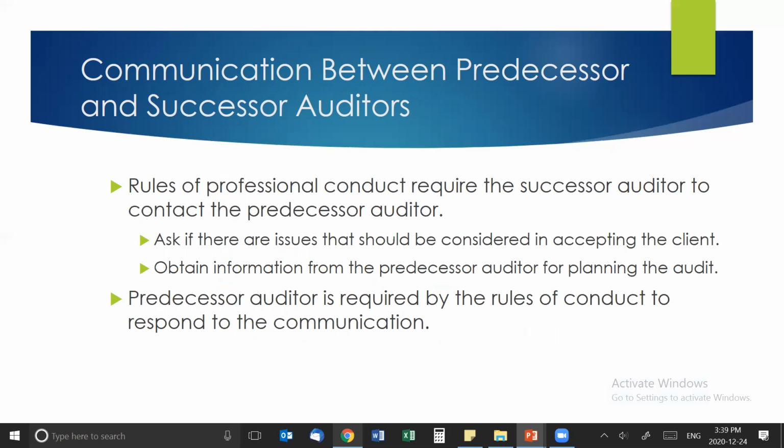The rules of professional conduct require the successor auditor to contact the predecessor auditor, so you have to do this. You have to ask if there are any issues that should be considered in accepting the client. And you can obtain information from the predecessor auditor for planning the audit. You can actually request the predecessor auditor's working paper files, so all their documentation, their full documentation file of the audit. You can ask to have that.